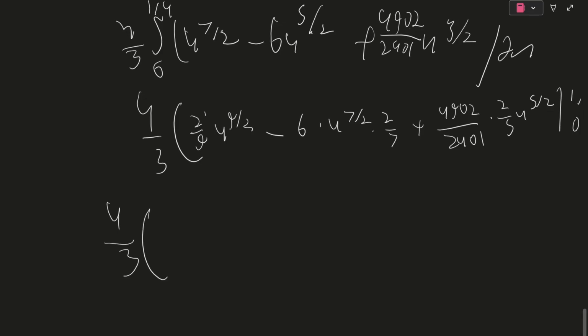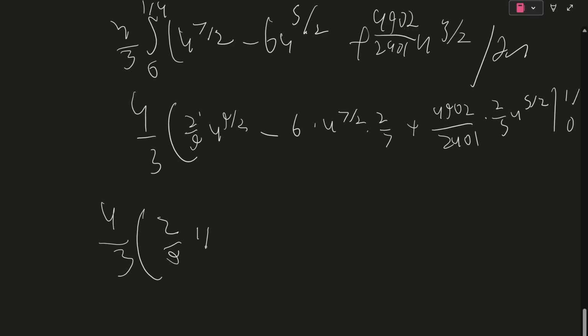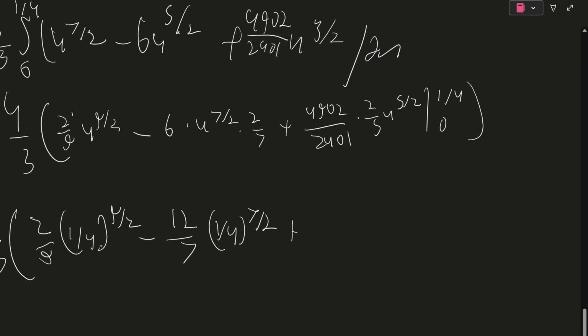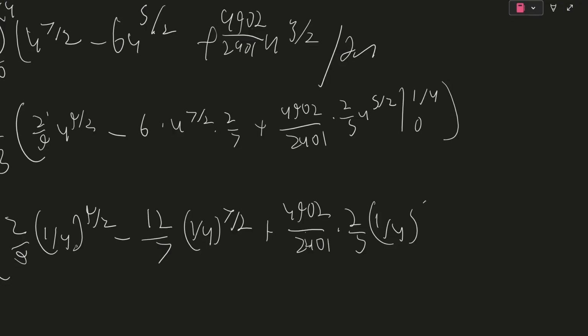So we have 4/3 times 2/9 times 1/4 to the 9/2 minus, and we'll go ahead and simplify our fractions a little bit, so minus 12 over 7 times 1/4 to the 7/2 plus 4,902 over 2,401 times 2/5, 1/4 to the 5/2.